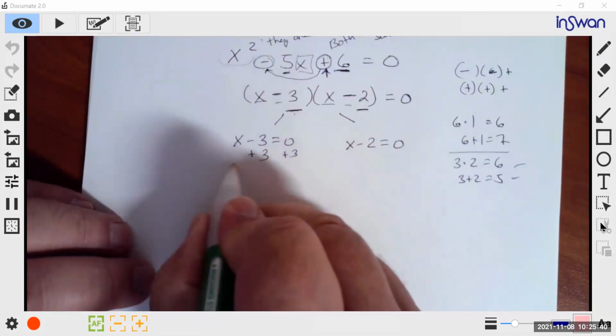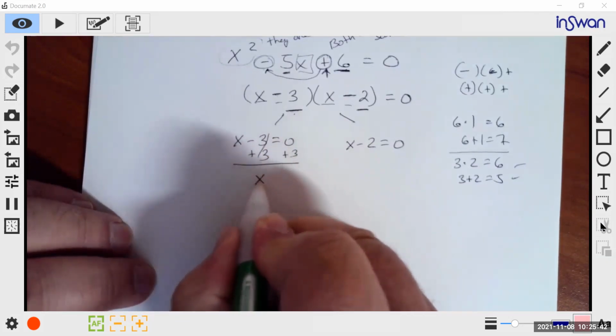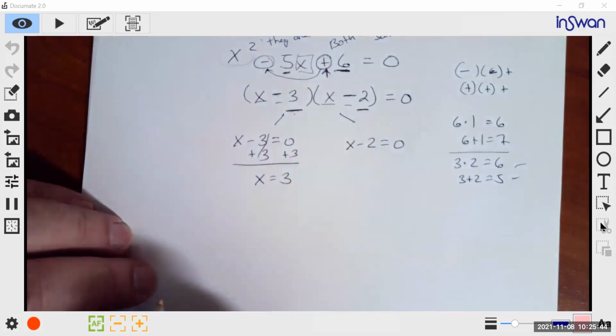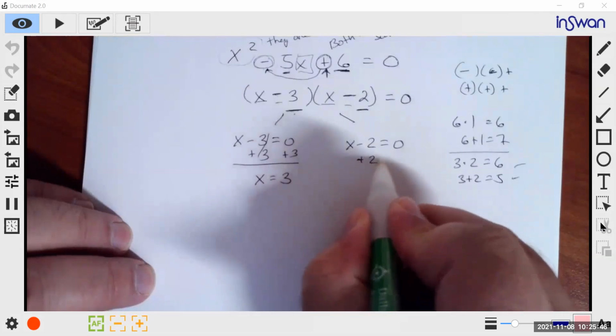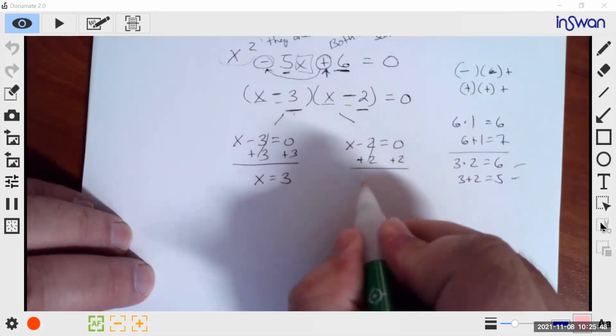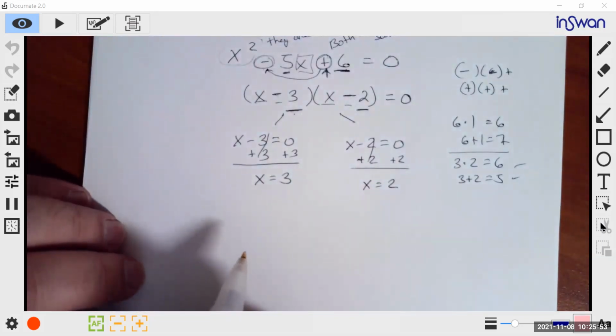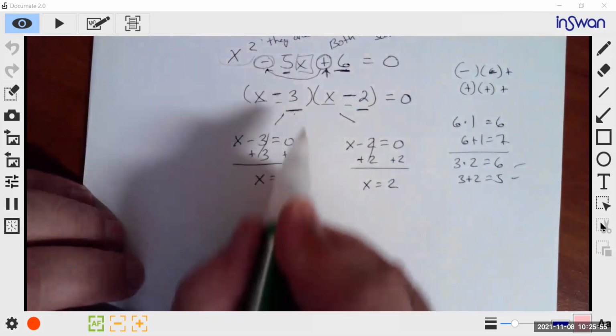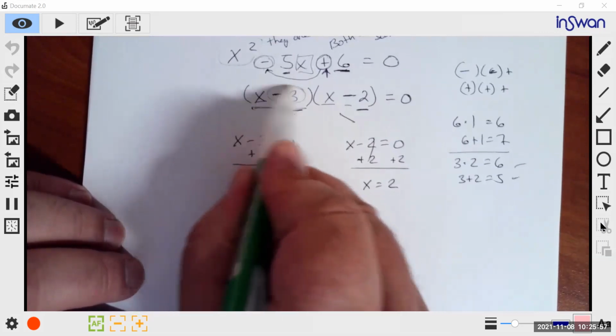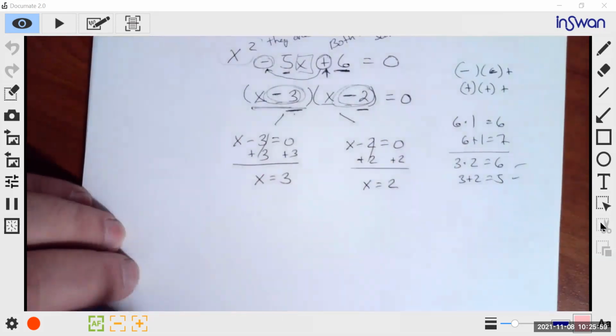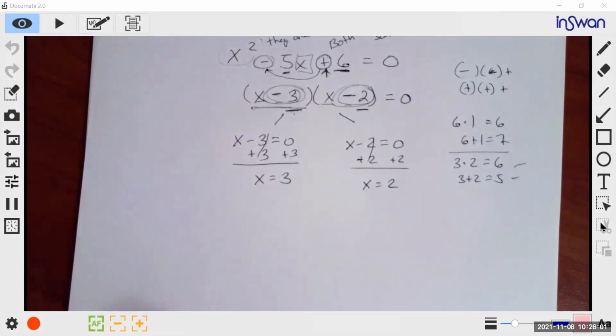On the left one, I add 3. On the right one, I add 2. And eventually you'll see that at this point here, it's always the opposite sign of what's inside the parentheses. So those are your solutions.